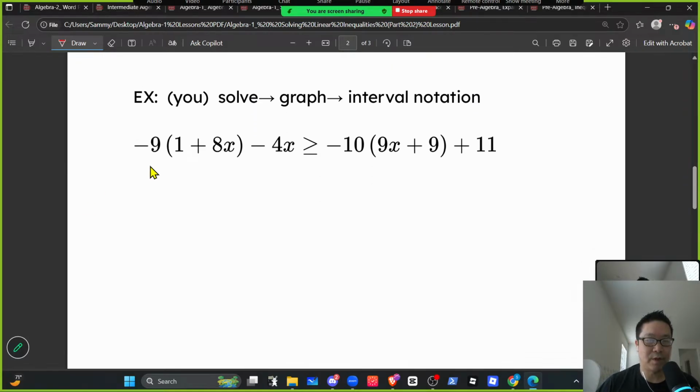Again, we have negative 9 times the quantity of 1 plus 8x minus 4x greater than or equal to negative 10 times the quantity of 9x plus 9 plus 11. Let me know when you're done.